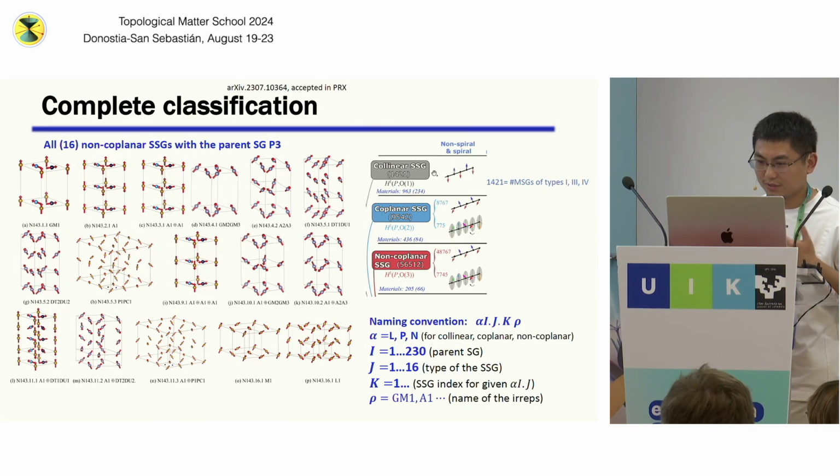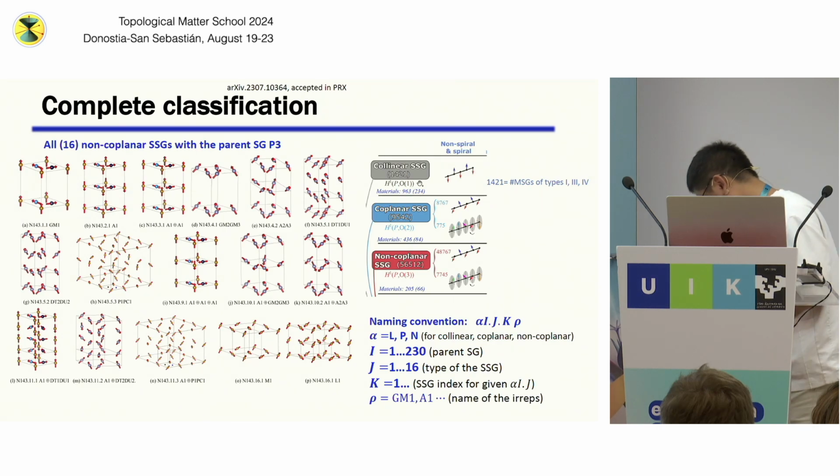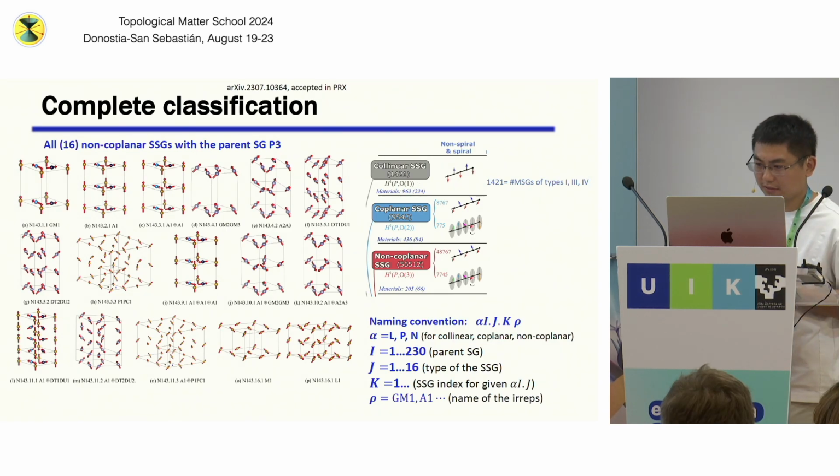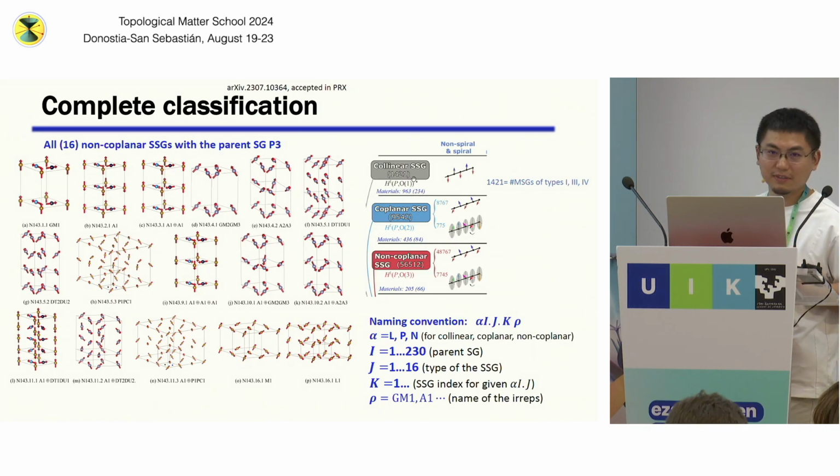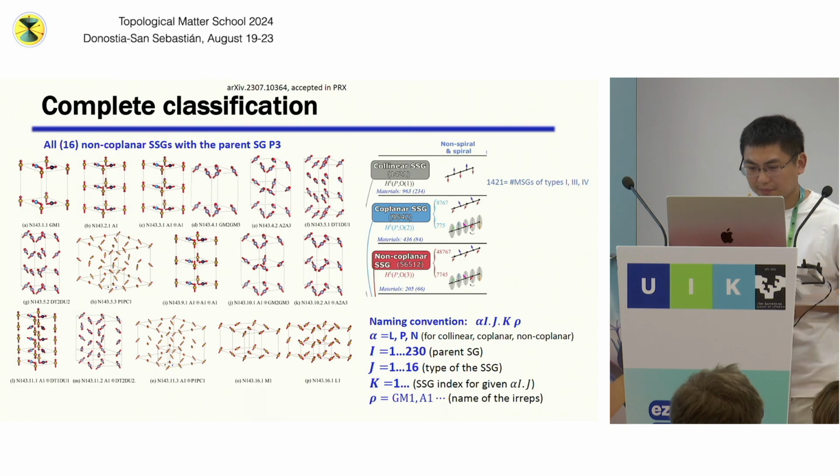So these collinear groups are actually isomorphic to the magnetic space groups. When we obtained this number, we were quite confident that our framework is correct.